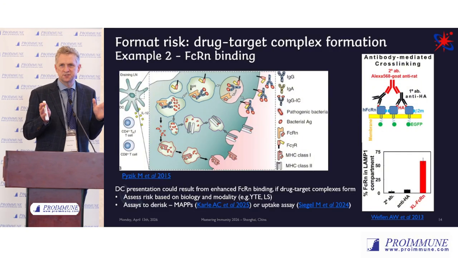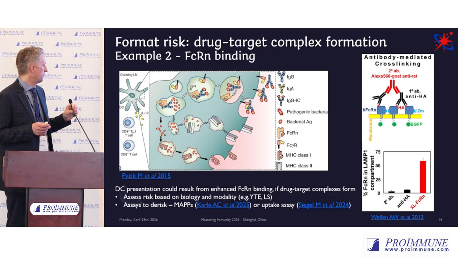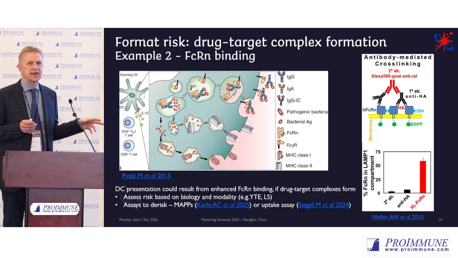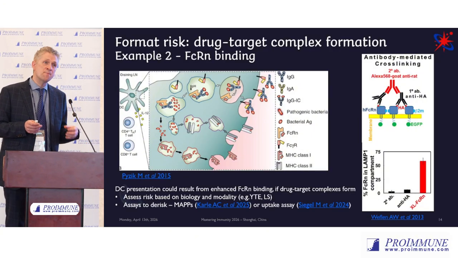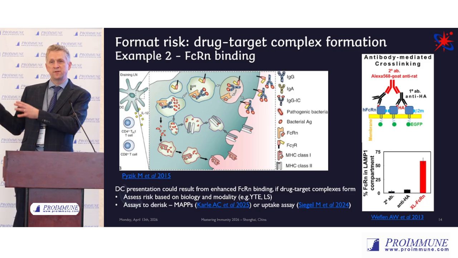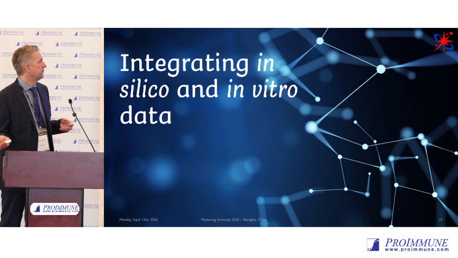Sometimes with bispecifics, you can actually make the problem a bit worse. So it is worth thinking about things like the pro-present type assay or an uptake assay to de-risk this early on. And it might be that you can use this with a tool compound rather than your candidate, so you can look nice and early.